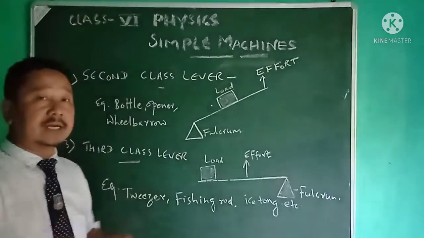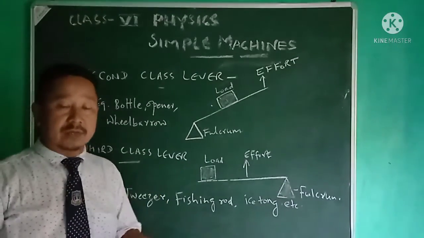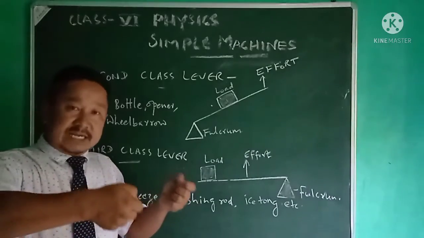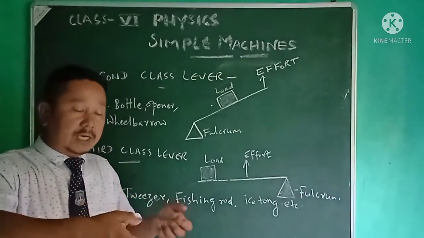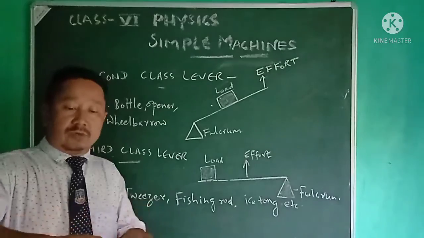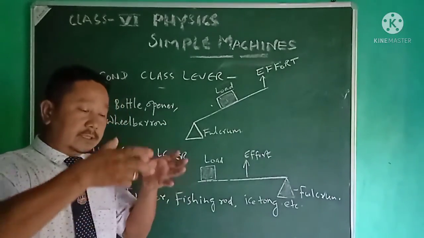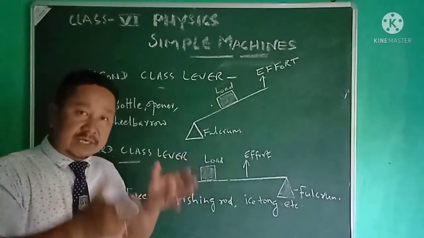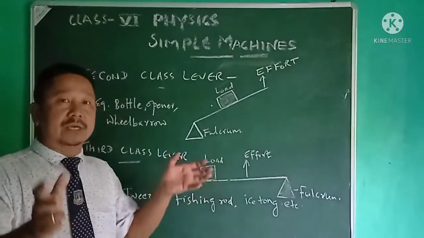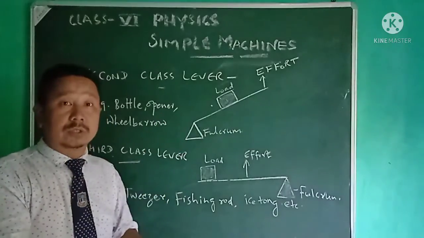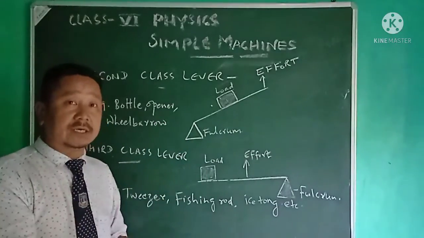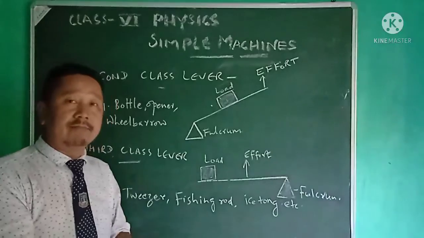Similarly, the wheelbarrow. You must have seen a wheelbarrow. At one end you apply the force, and there in the middle is an empty box where some load, some material to be carried, is put, which is the load in the middle.